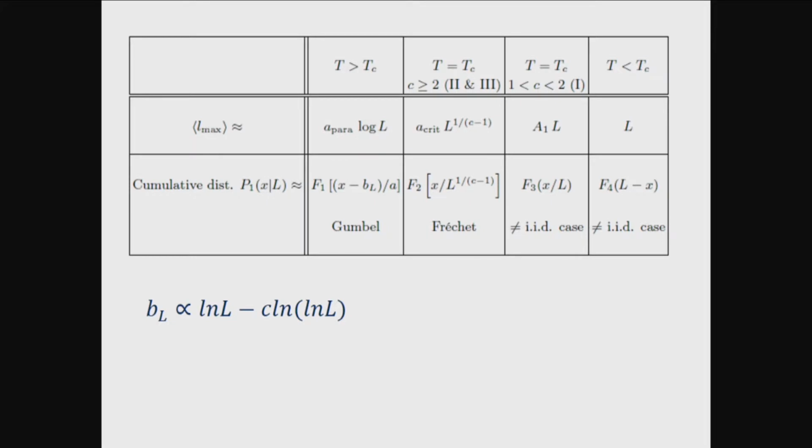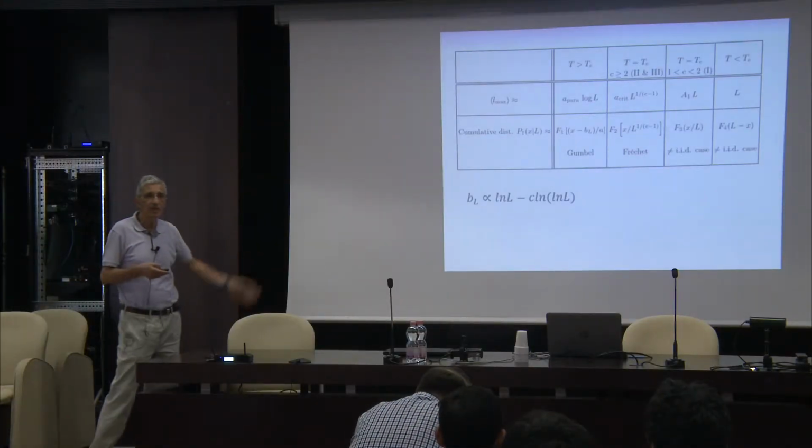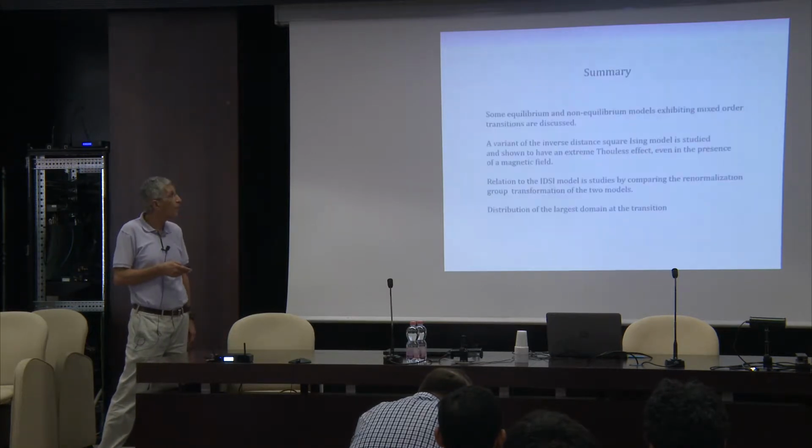Above Tc, you get the Gumbel. At T equals Tc, if c is larger than 2, you get the Frechet. If c is between 1 and 2, you get something else, and below Tc, you get again a different distribution function.